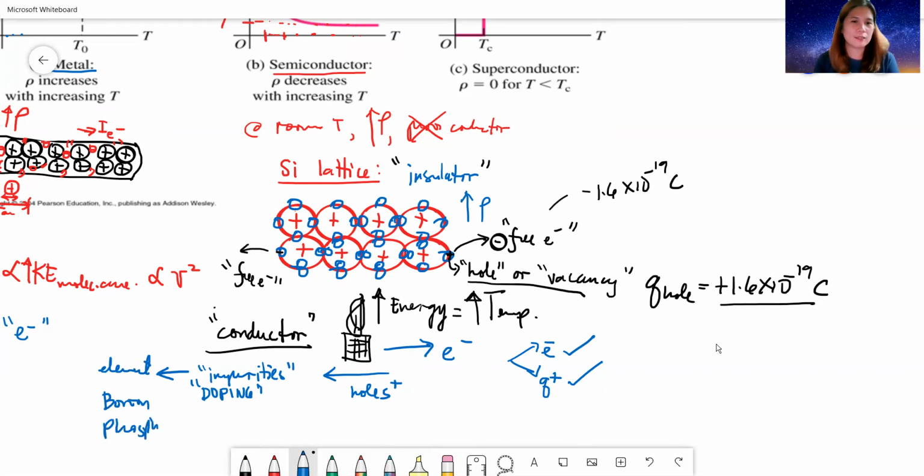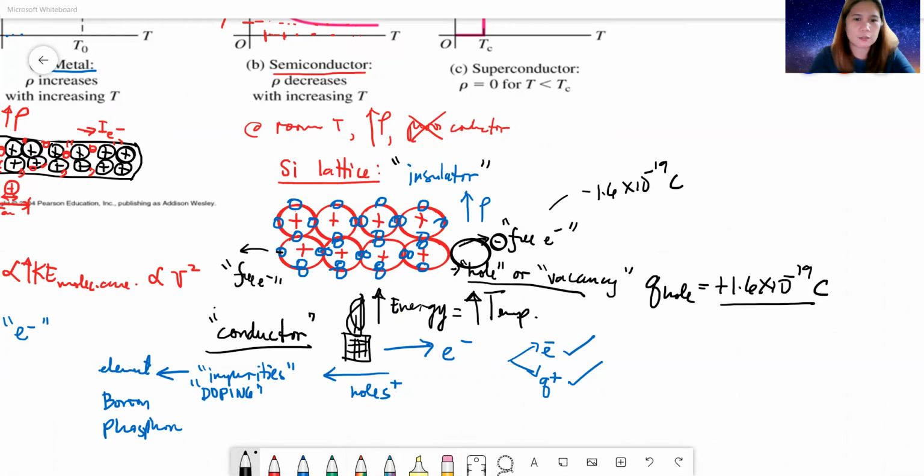Ayan. So the vacancy here, this one, this will be replaced with another element. So let's say for example, boron. Ano ba ang valence? Wait, let me check the valence electrons of boron. Do you know?